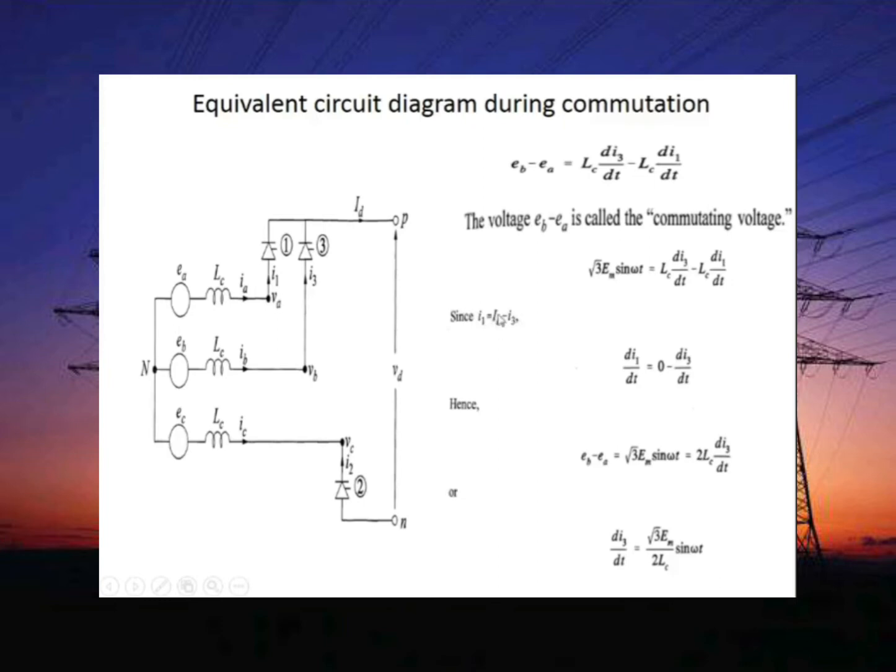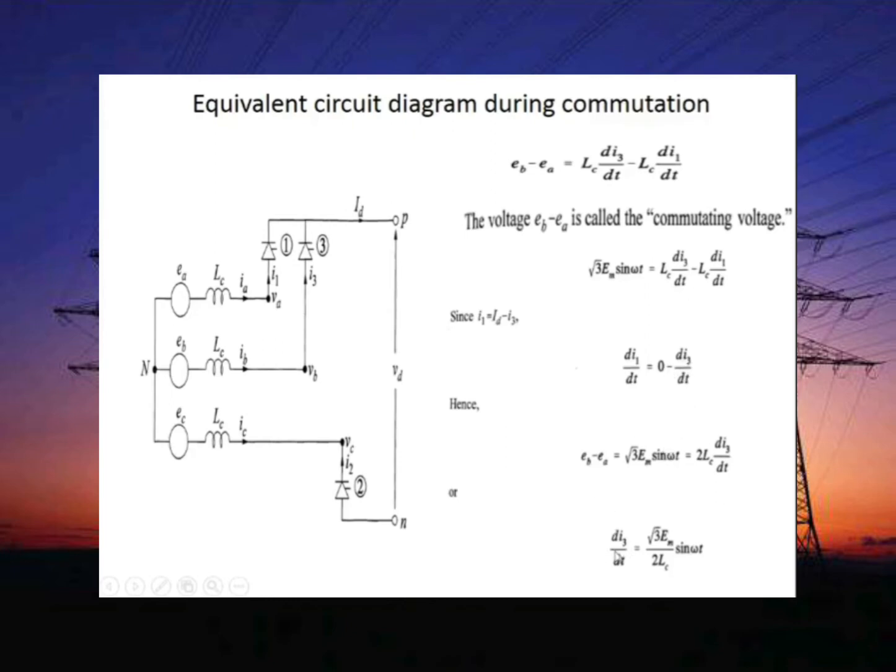ID is a constant current, so its derivative with respect to time is 0. So di1 by dt is equal to 0 minus di3 by dt. We put the value of di1 by dt in this equation. We get root 3 Em sin omega t is equal to 2 LC di3 by dt, because minus minus is a plus and it is 2 times.